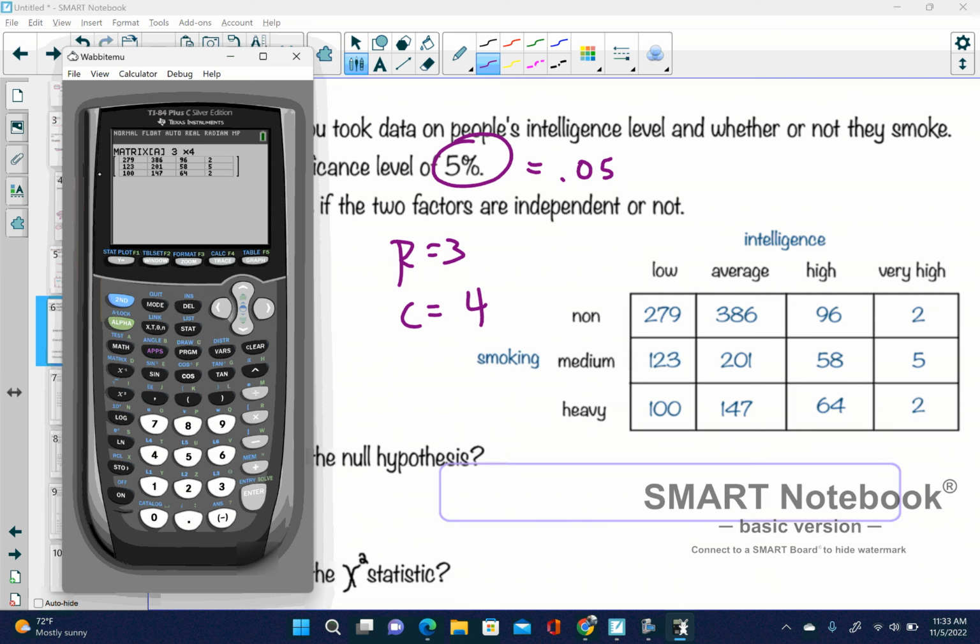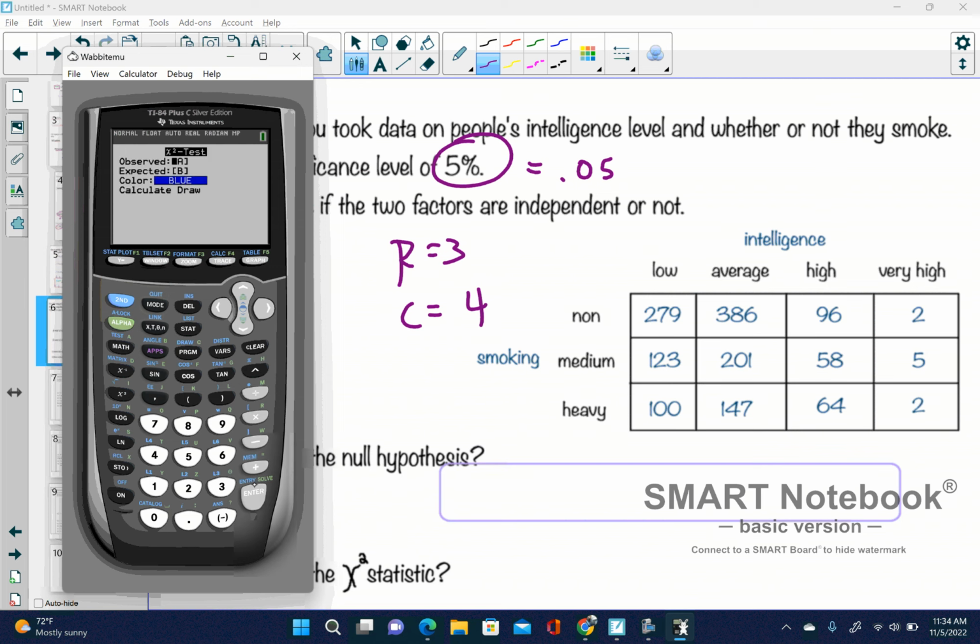After you do this, the next thing we want to do is go to the stat menu. So let me quit out of here and clear that. You want to hit stat, and go over to test because we are doing a test. And you want to go to the one that says chi-squared, which is option C on this calculator.